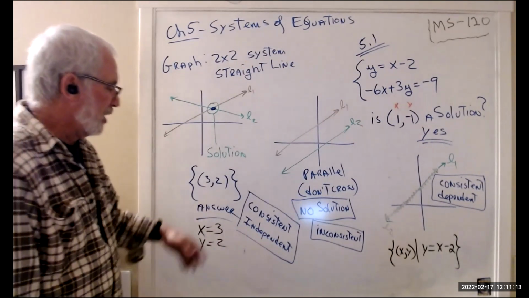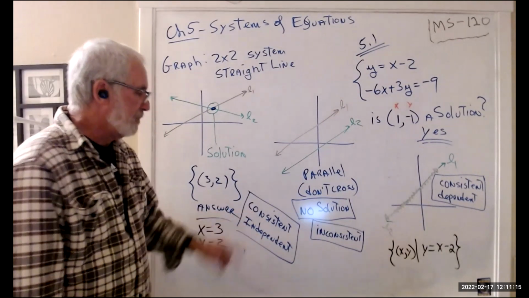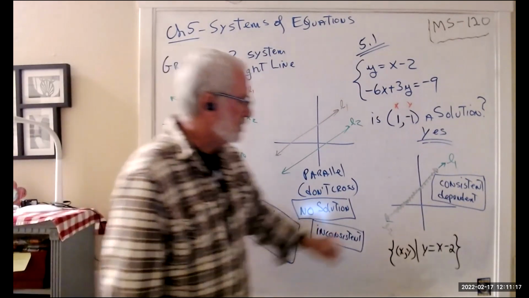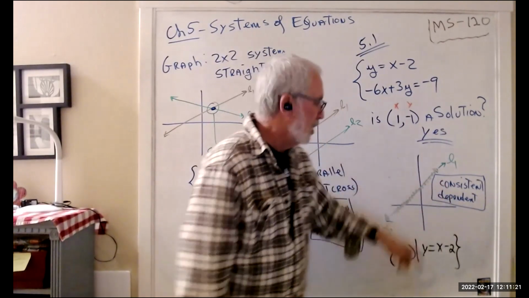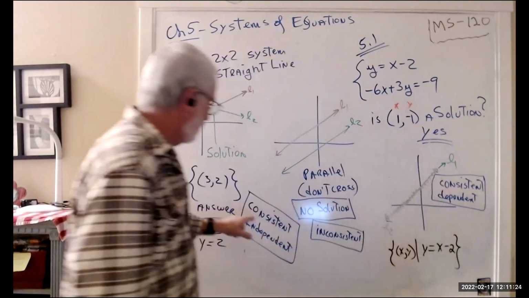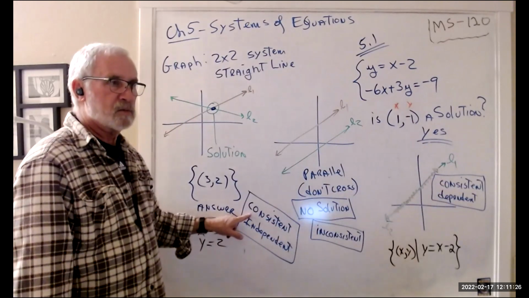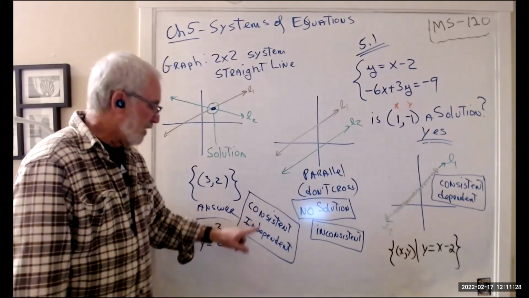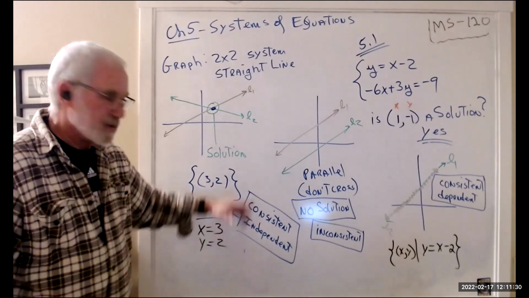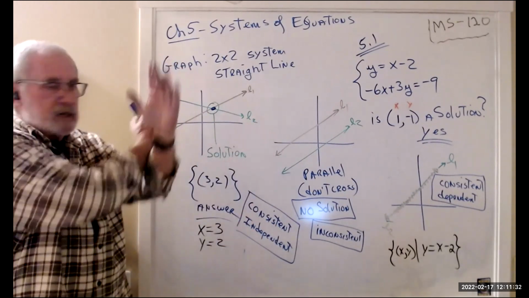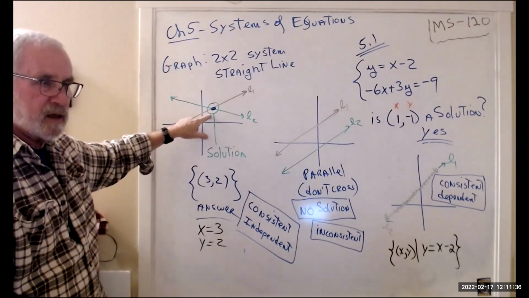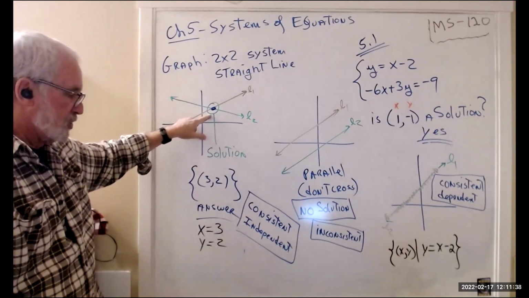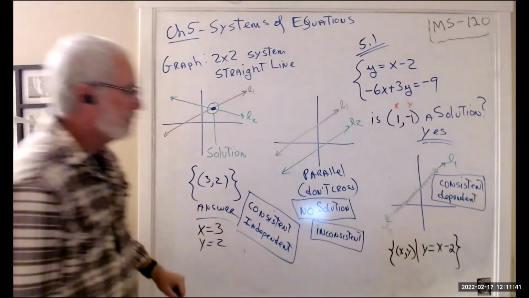The vocabulary of what is consistent, independent, what is inconsistent, and what is consistent, dependent. Again, the word consistent means there is an answer. If they're independent, that means one line is going one way, one line is going the other, but there is a single point of answer, an intersection answer: consistent, independent.